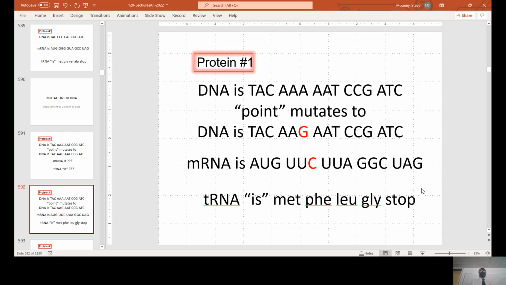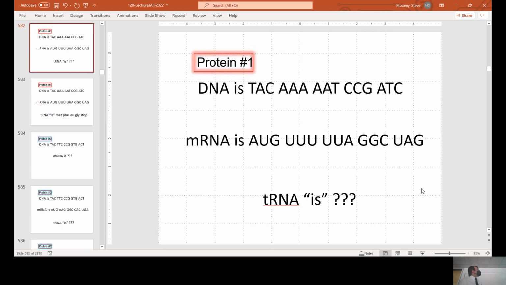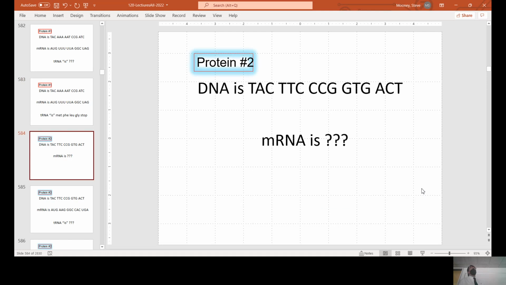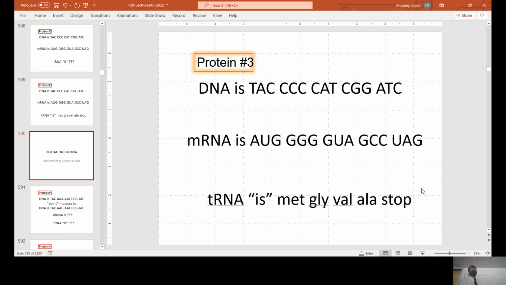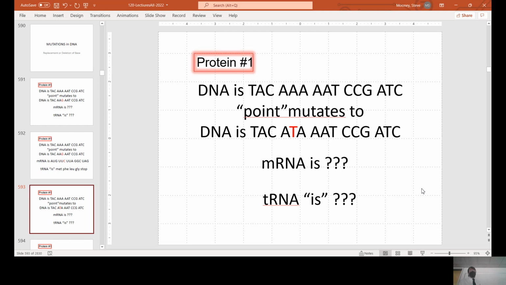If we look at protein 1, I don't think it made a difference. So the same protein. Depending on where the mutation is, sometimes it'll have an effect, sometimes it won't. In this case, we code for the same thing. What if I replace that adenine with a T?